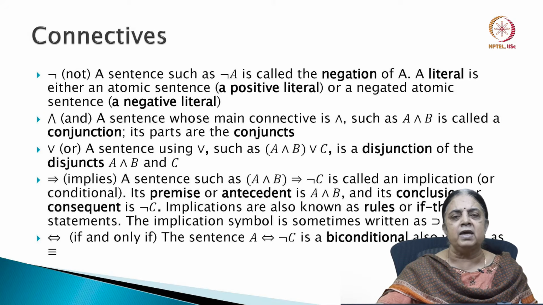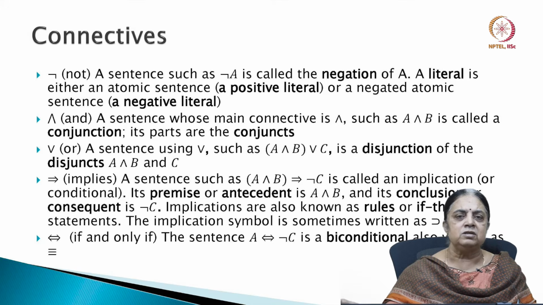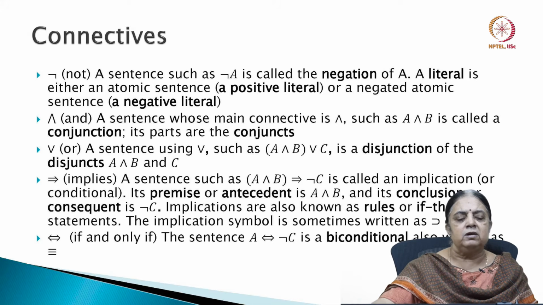So when you say A and B, it's a conjunction of 2 propositions A and B, and each of the parts is known as a conjunct. Third one is the or connective. It's called a disjunction. So we can say A and B or C, it's a disjunction of 2 disjuncts.